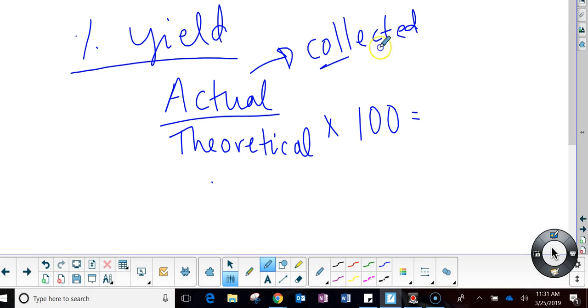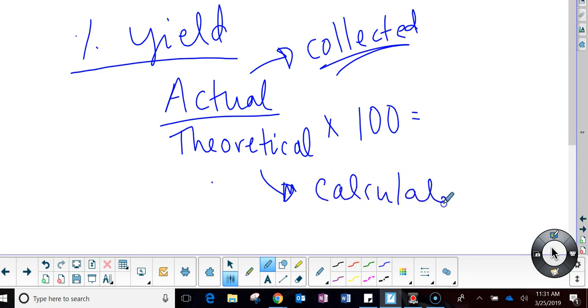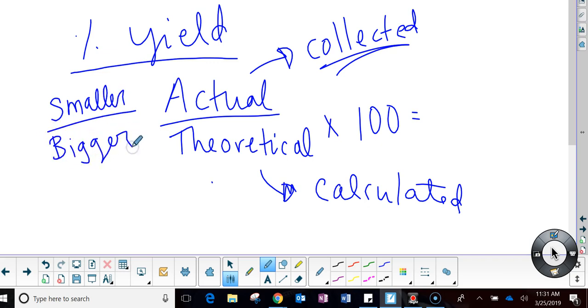So you're looking for keywords like collected, you made. Theoretical is going to be what you calculated. So you did some homework, this is what you should have made, this is what you calculated to make. In this class, it's always going to be the smaller number over the bigger number, times 100. That's how you solve those problems.